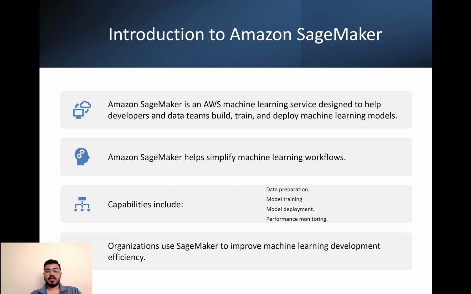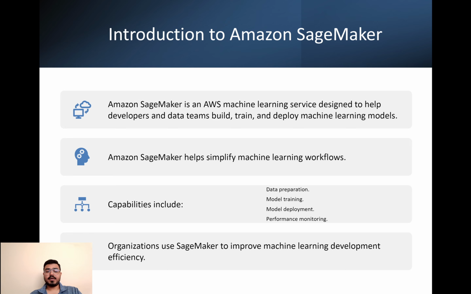SageMaker provides several important capabilities. The first capability is data preparation. Data can be organized and prepared before model training begins. The second capability is model training. Machine learning models learn patterns from datasets during this stage. The next capability is model deployment.